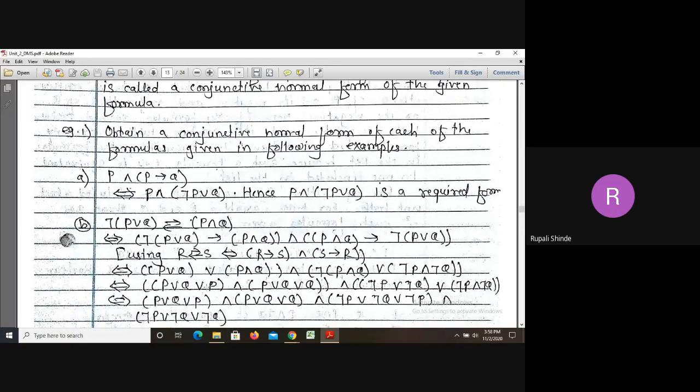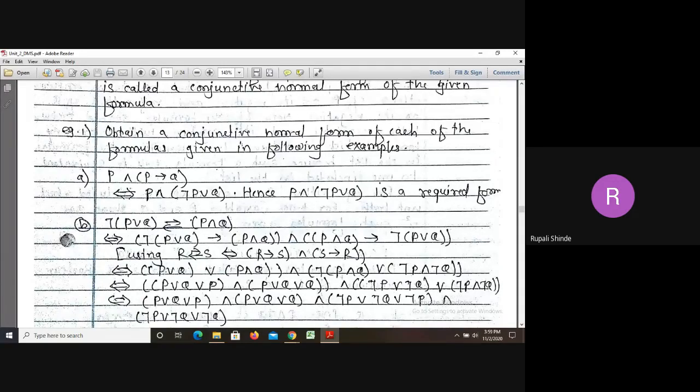Now again we apply the distributive law as P or Q or P. This is our first bracket, and P or Q or Q is the second bracket. We applied the distributive law over these two brackets.